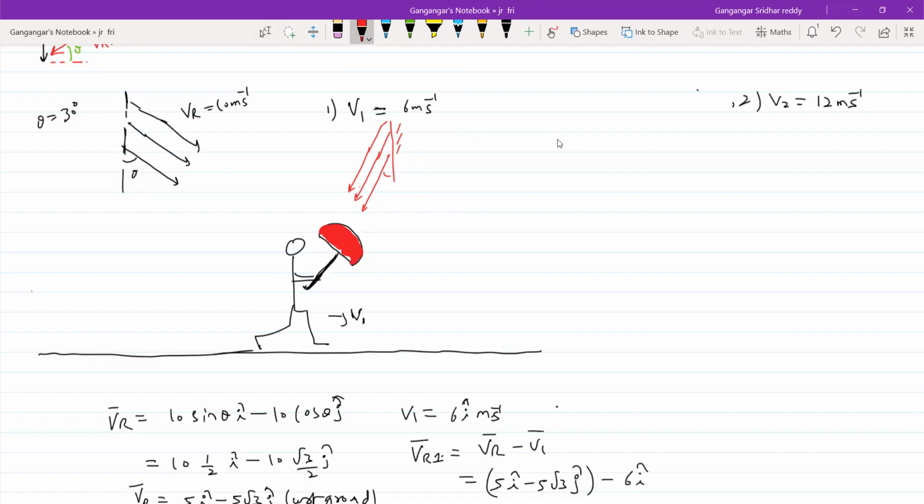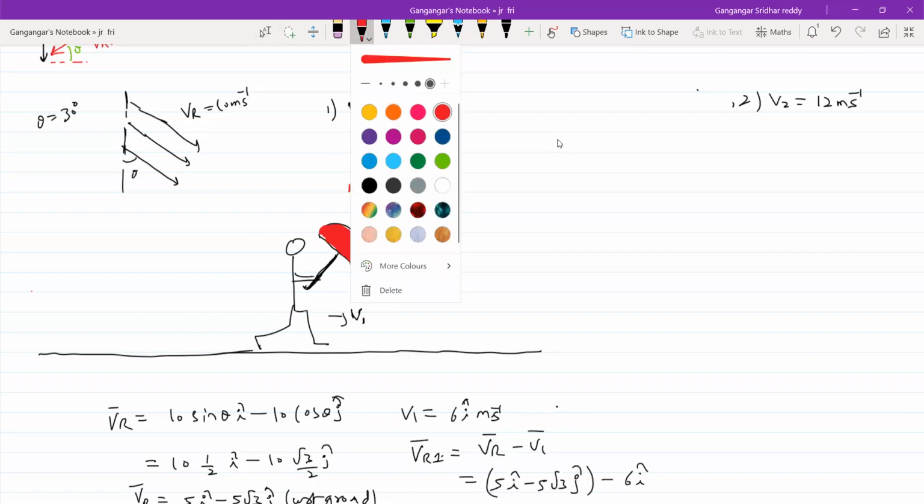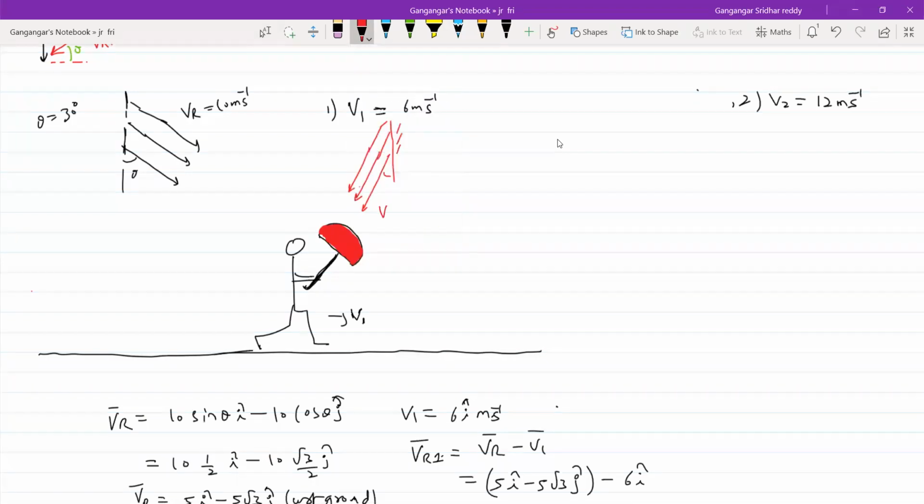This will be really troublesome for students: sir, how is the rain coming and how is he holding the umbrella? Let me put the value here, 6 meter. You should hold the umbrella like this, so that 83. So this is theta 1, what we calculated with this one.